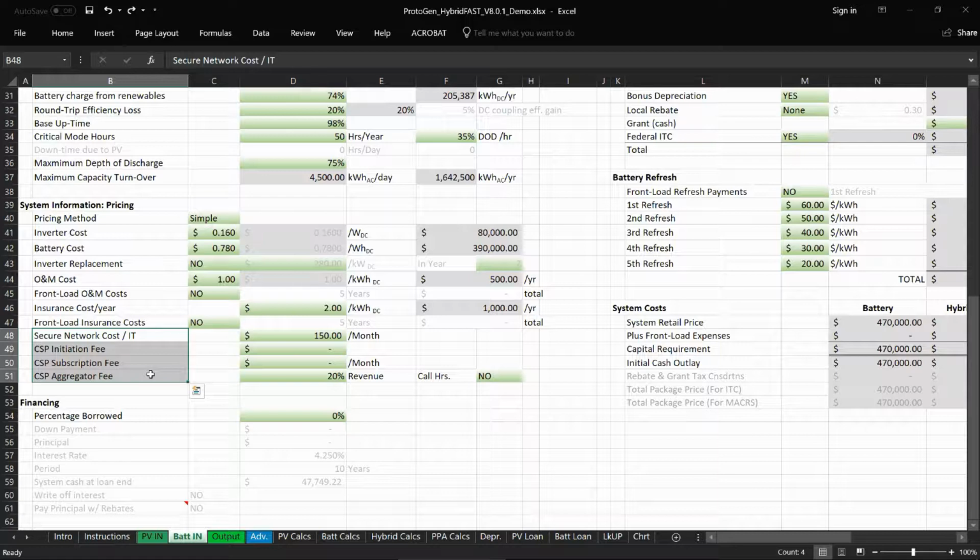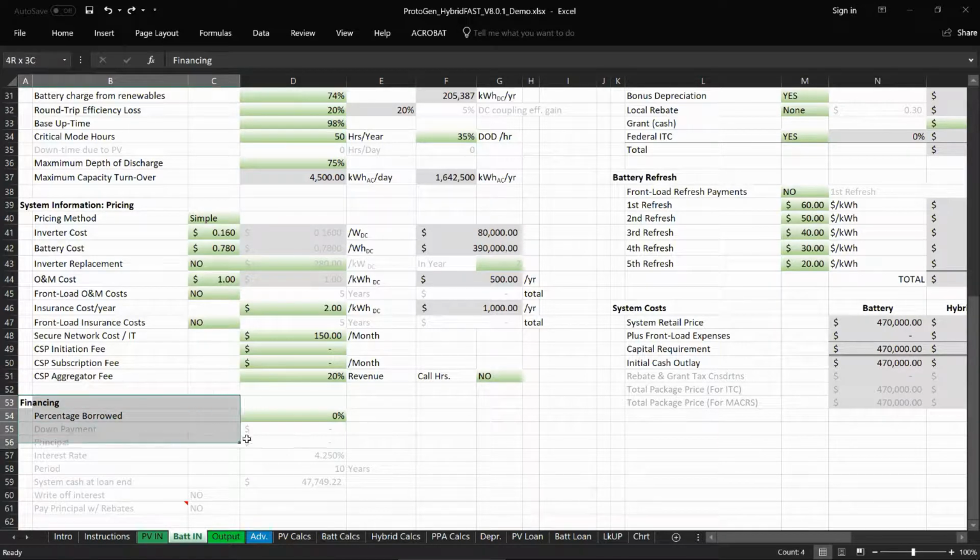And they're going to need to be paid for those services, whether it's a one-time initiation fee, a monthly subscription fee, or a revenue share opportunity, which is currently modeled here at 20%. So any money they save you or any revenue they build for you, they get to keep 20%.